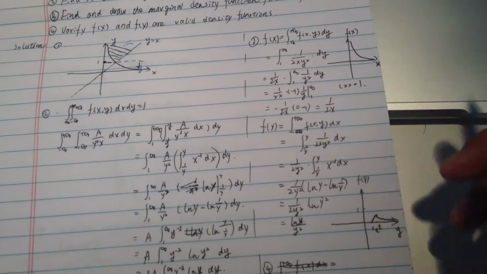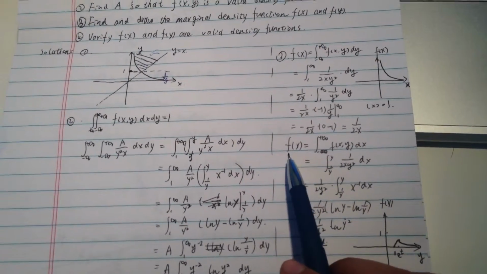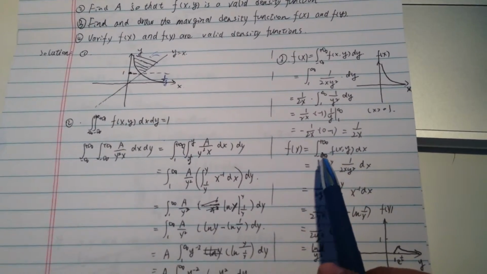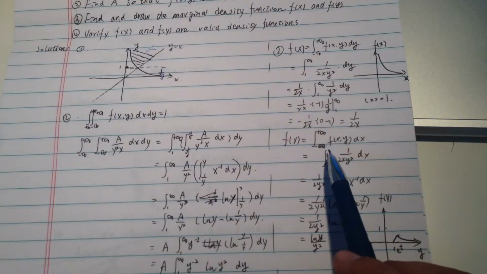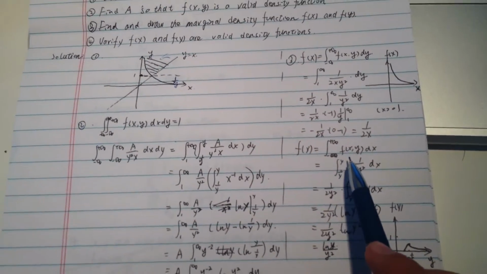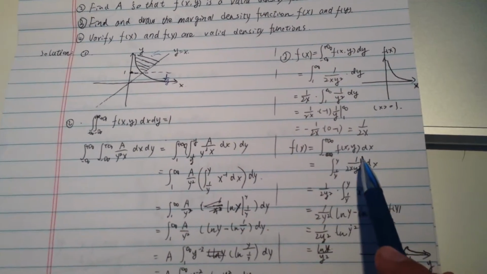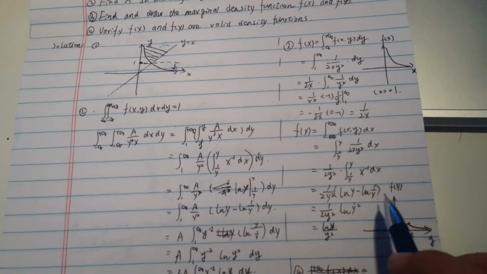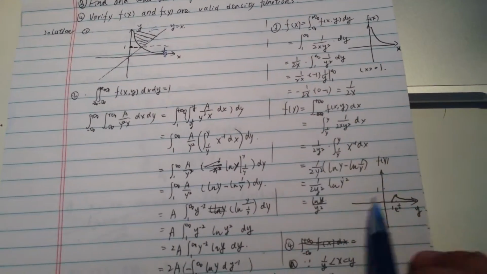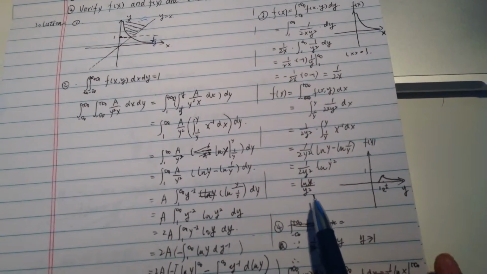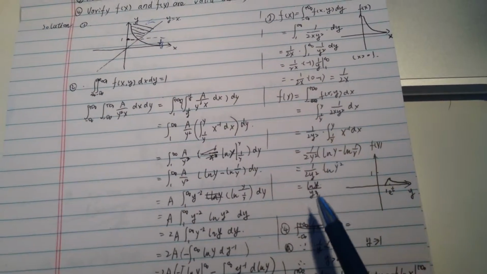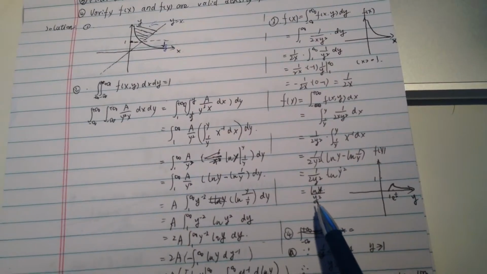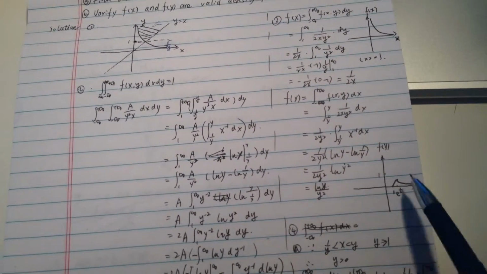Similarly, we can get the PDF of y equal to the integration from minus infinity to infinity of the joint PDF with respect to x. After all that calculation, we can easily have that f_Y equals ln y over y squared.